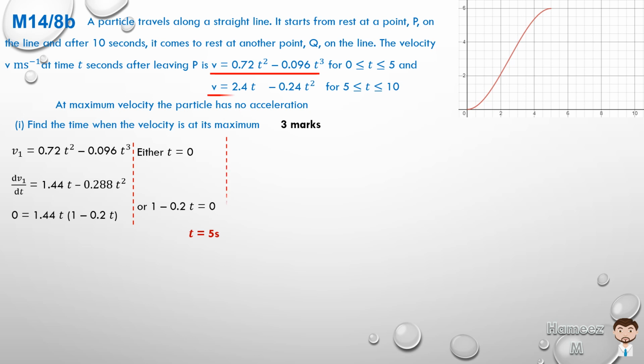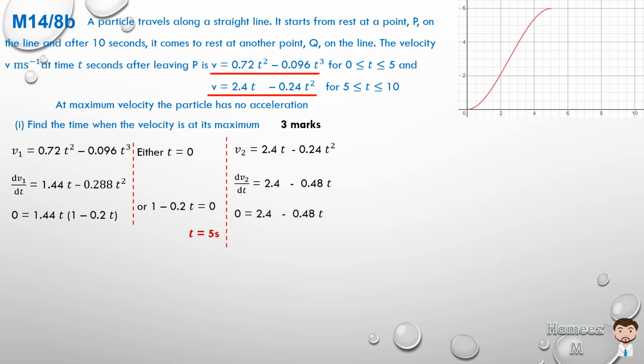And let's try for v2, the second time interval, which is 2.4t minus 0.24t squared. If we want to find the maximum at this point, then we have to find the differential of v2, which works out to be 2.4 minus 2 times 0.24, which is 0.48t. And for maximum, of course, the differential is 0, so we can substitute 0 equals 2.4 minus 0.48t.